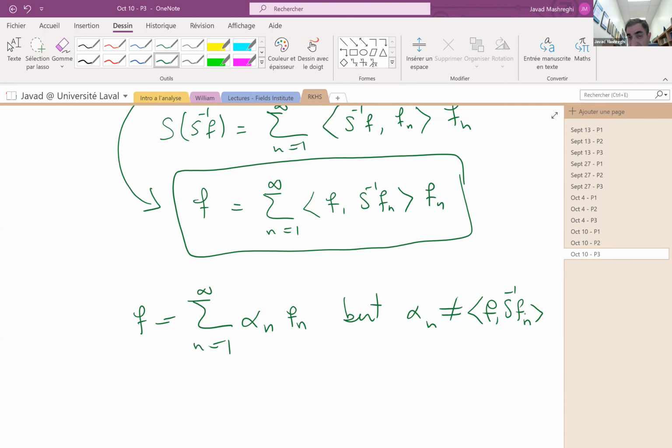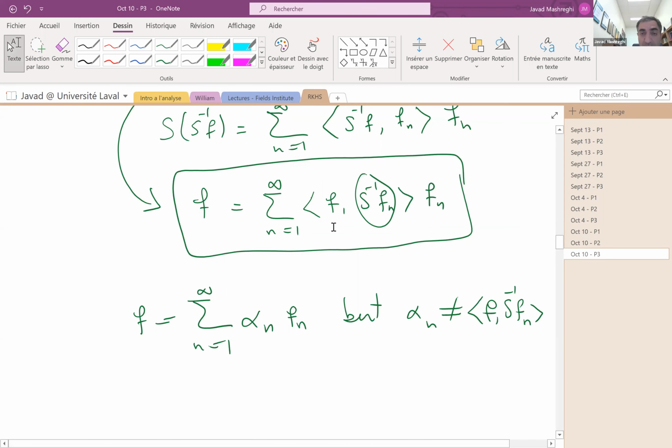Second, which is more serious in application, is that S^-1 is not easy to calculate. Fn is given, so the calculation of S^-1 is a problem, and we need other numerical methods to obtain this.